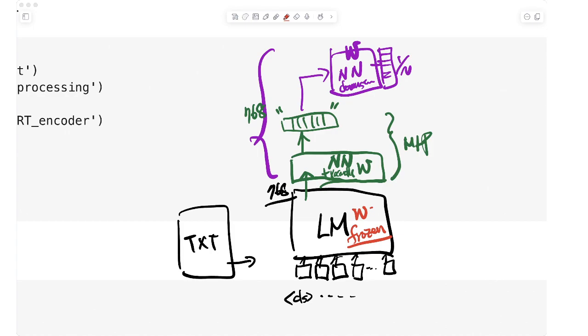We have a text file, we have a tokenizer, which is not shown in this picture, we have word pieces, and we have the language model. We simply use the output of the CLS as the representation of this sentence, this document. After that, we can attach a neural network, but make sure the size of the input, the green one, is exactly the same as the size of the output of the language model, for example, 768.